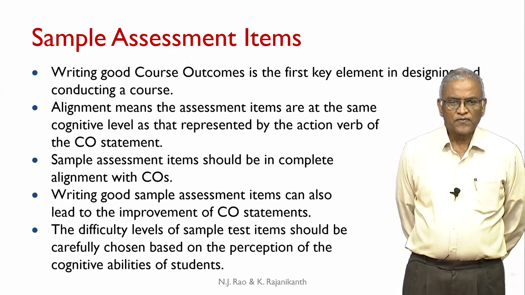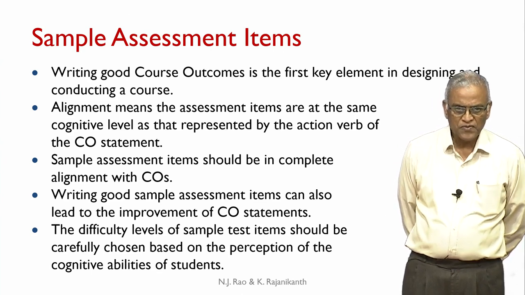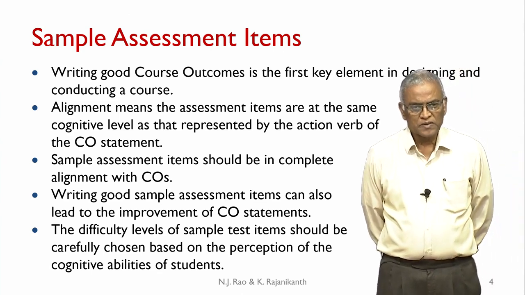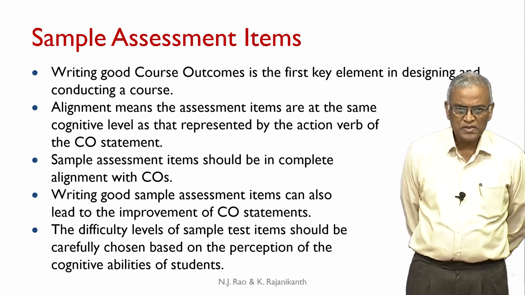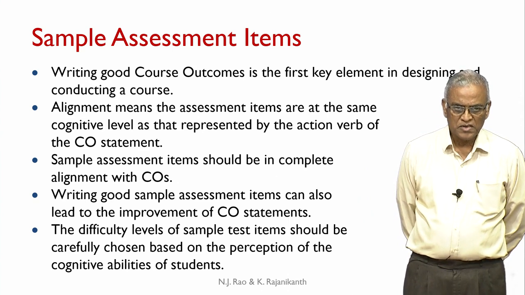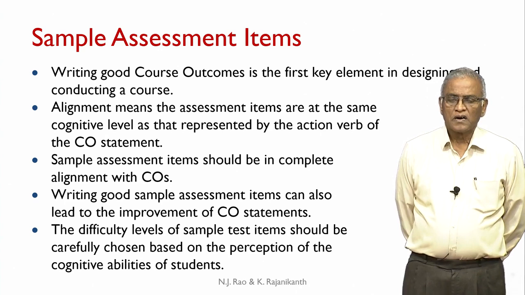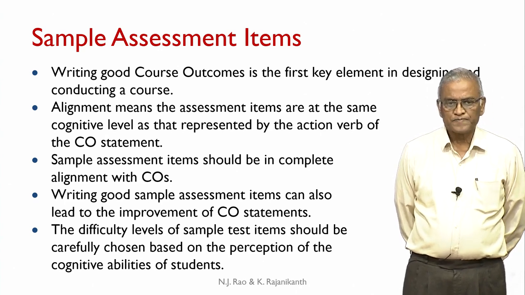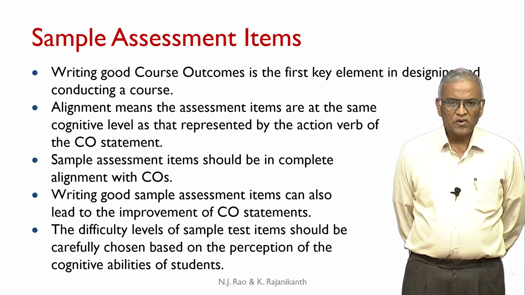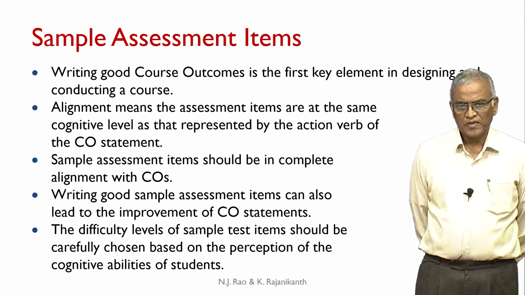At the level of preparing for the analysis phase, the sample test item should be in complete alignment with the cognitive level of the CO statement. Sometimes when we are designing the sample test items, you may notice you do not feel happy with the way the CO statement is written.